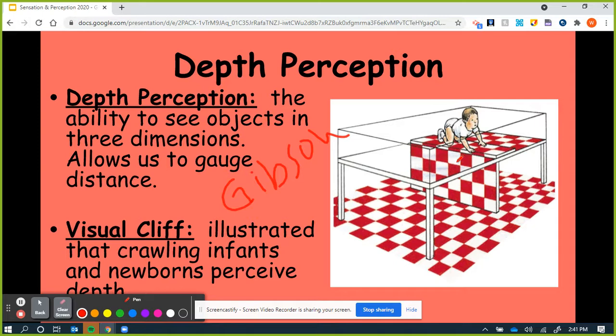And they found that it was actually earlier than they thought. But what was interesting was sometimes the babies would be able to perceive depth, and they could tell because their heart rate would increase when they got close to the edge, but they would still crawl over the edge up until about 6 months or so, because they hadn't learned yet that crawling over the edge could be bad, that they could get hurt.